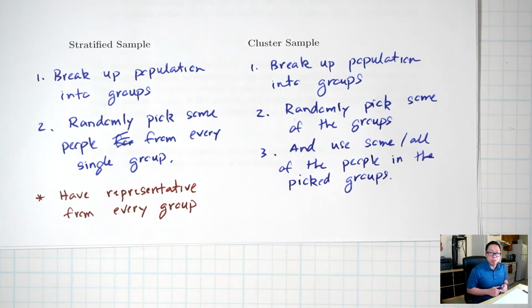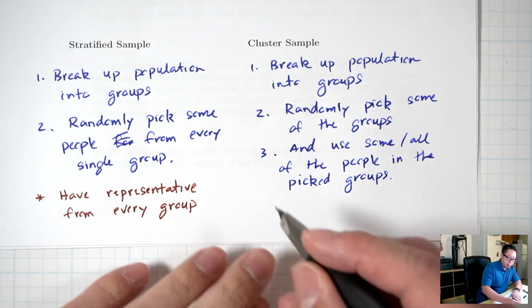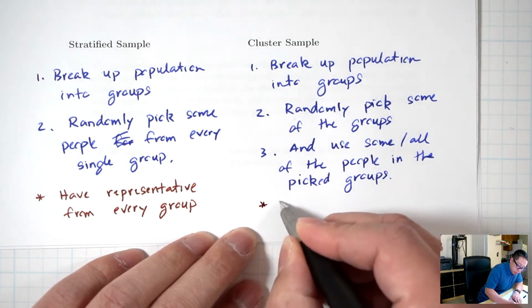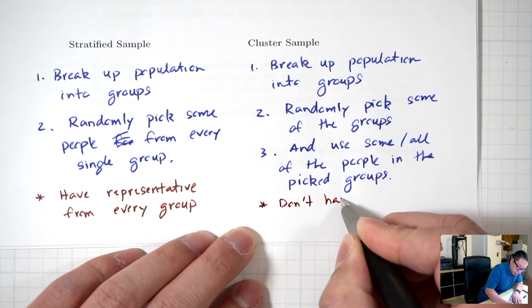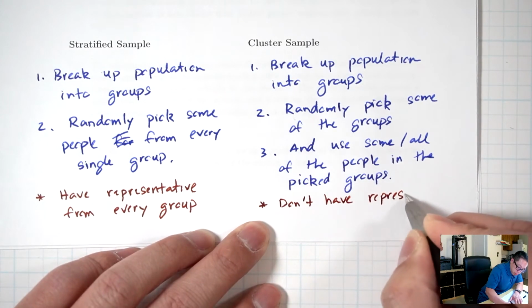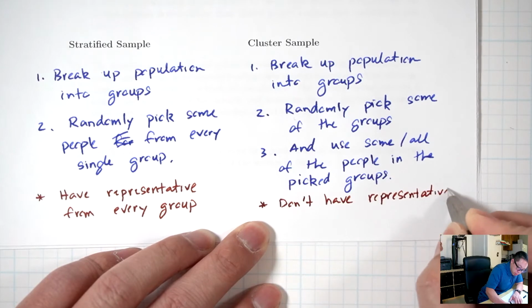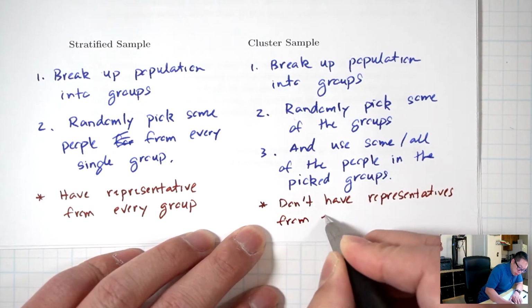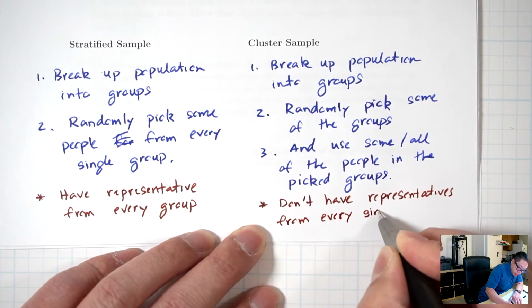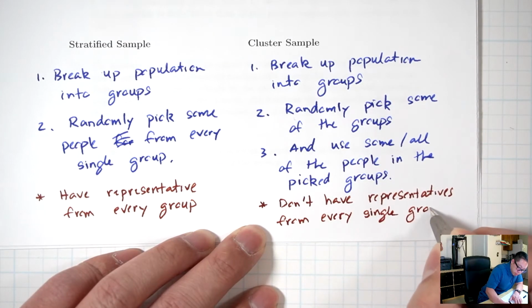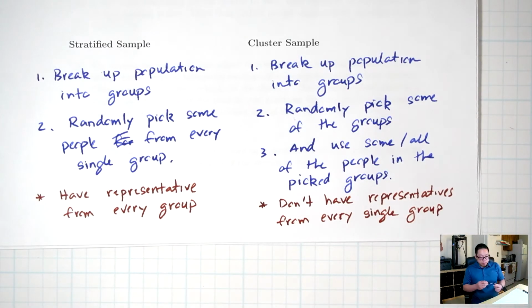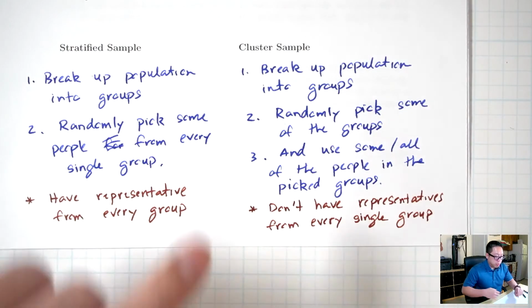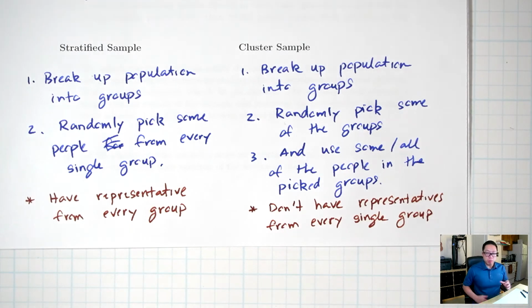And so because of that, you don't have representatives from every single group. For a cluster sample, you're breaking up people into groups where you don't think there's much difference between the groups. So it's okay that you're not having representatives from every group.